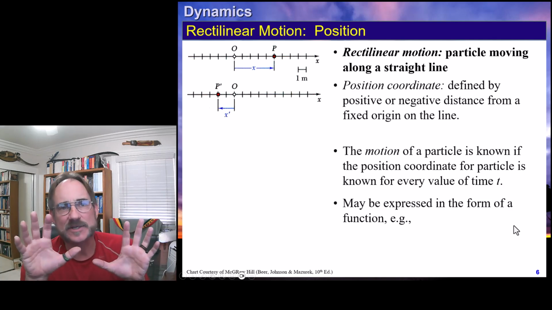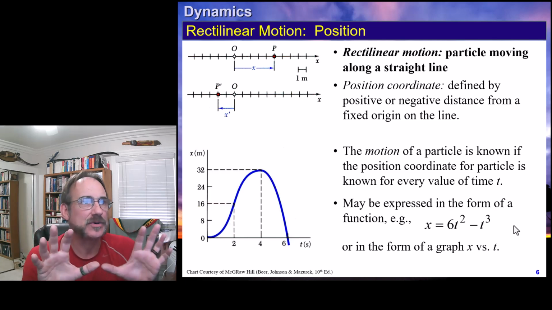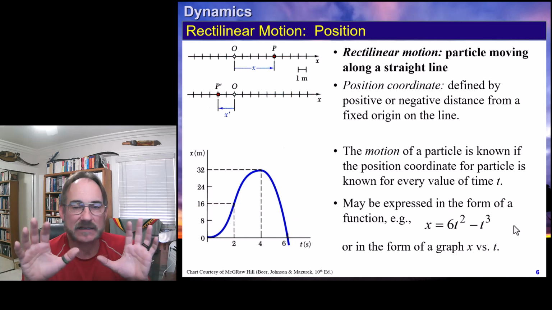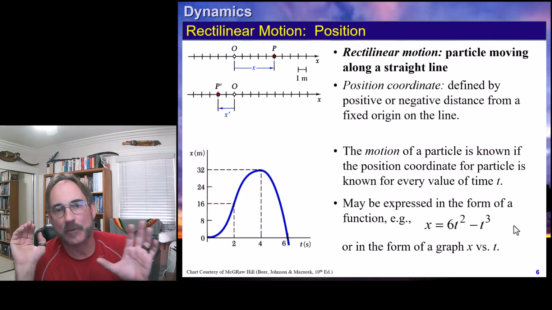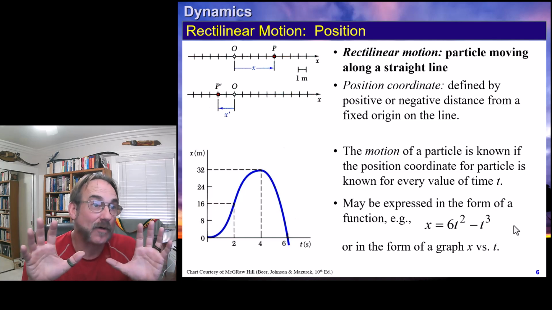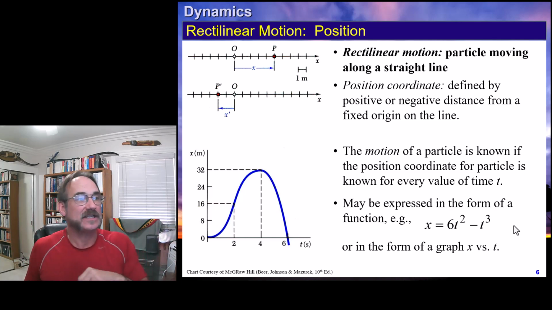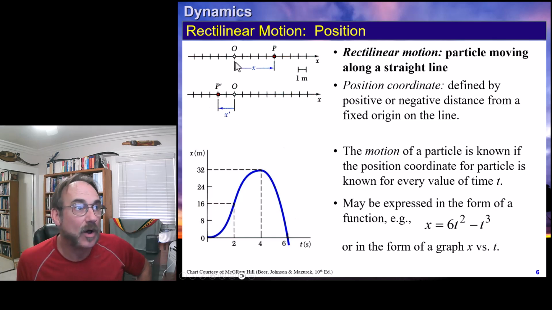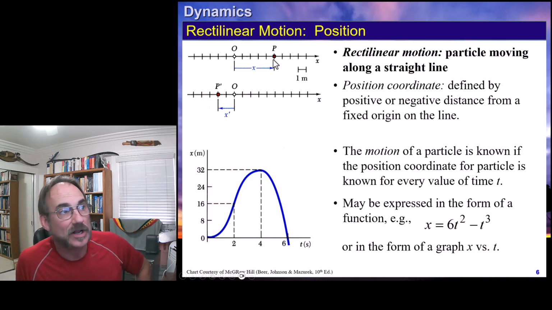Okay, so rectilinear motion. That means we have a particle moving in a straight line. Rectilinear basically means linear motion in a rectangular coordinate system, which involves a straight line. If we look at this line segment, we have an origin at point O, and a particle out here at some distance from that point along this axis.